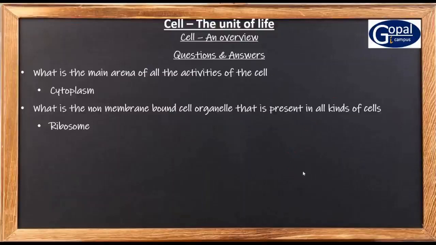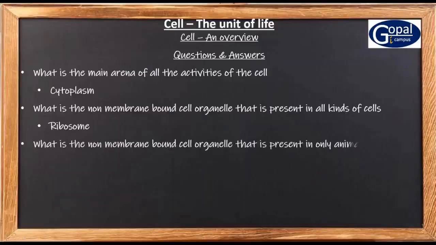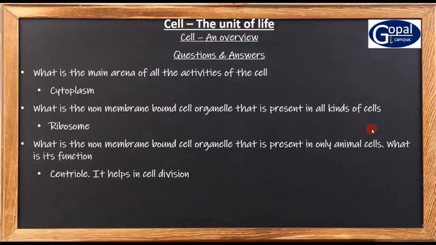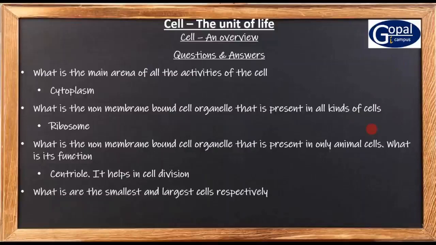Right? What is the non-membrane bound cell organelle that is present only in animal cells and absent in plant cells, and what is its function? That non-membrane bound cell organelle present only in animal cells is the centriole.